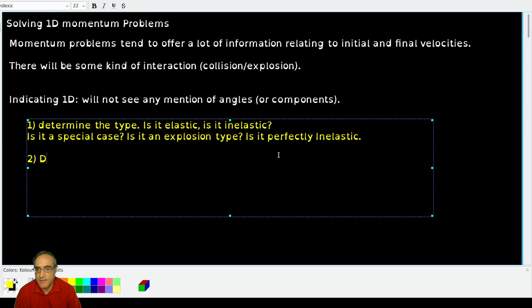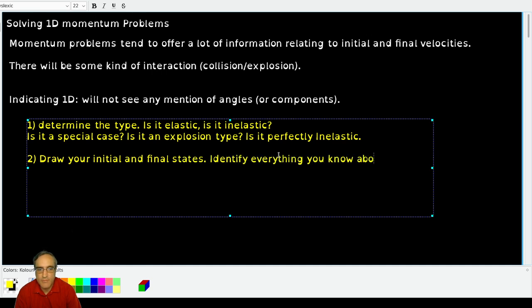Second thing, draw your initial and final states. Identify everything you know about those states. Then finally, write your momentum conservation statement.